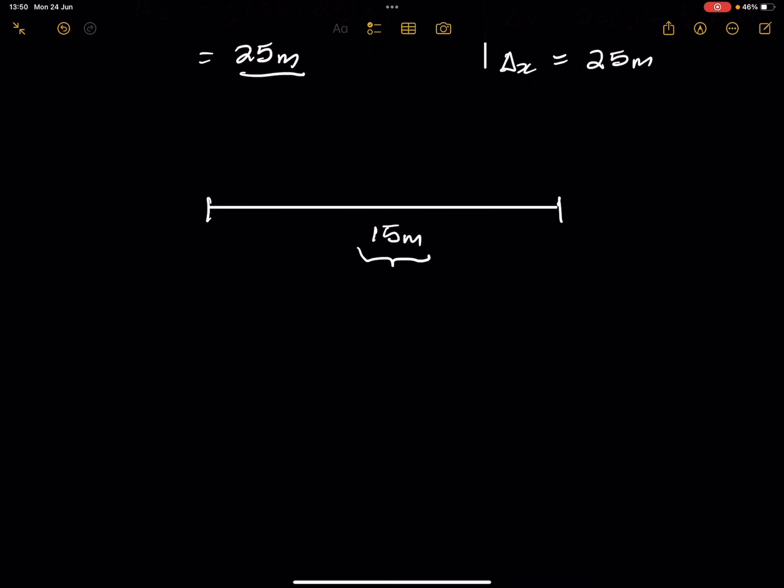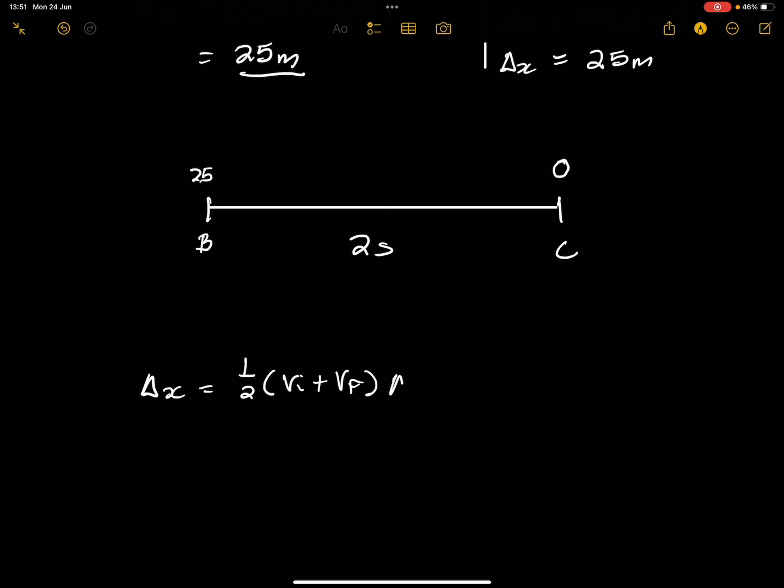So we know our initial velocity. Now, please, I want you to note, ladies and gents, our initial velocity is 25. Our final velocity is 0. Remember that we said he stopped, right? And this happened for 2 seconds. So let's calculate then. All right, so what we don't have there is acceleration. So I can say, well, delta x is 1 over 2 times vi plus vf times delta t.